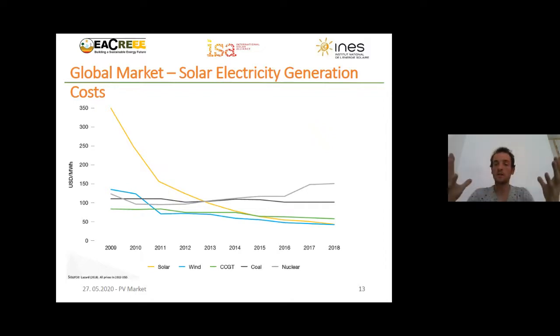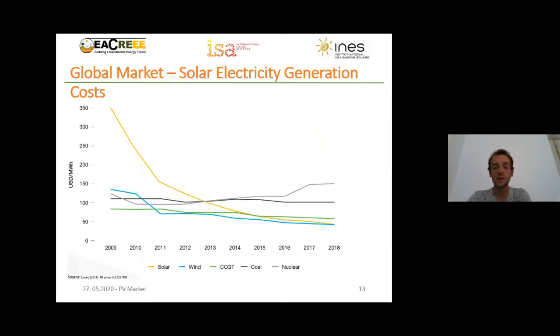So it's all the costs of the installation from the start of the project to the very end of the project, divided by all the production that can be produced by a solar system.